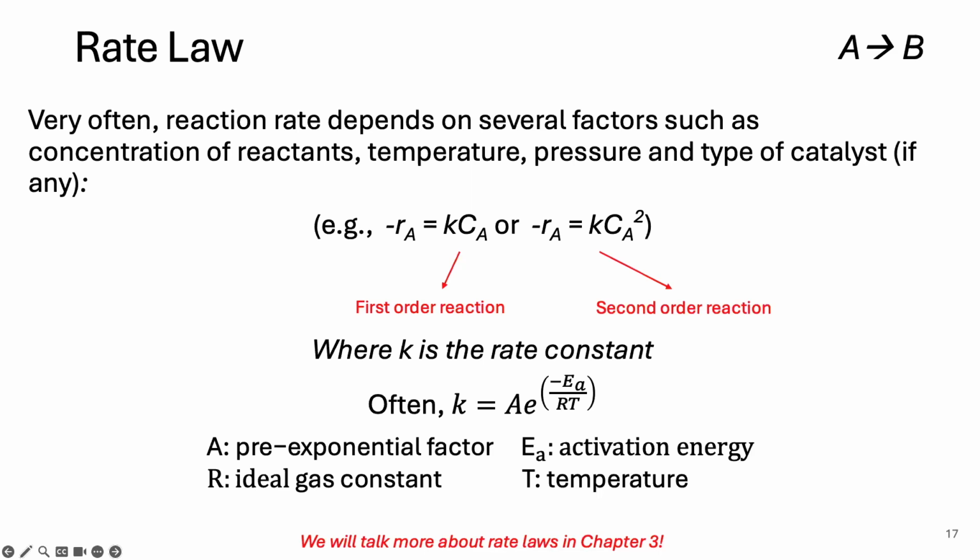In both cases, k is our rate constant, and our rate constant is a function of temperature, as we can write according to our Arrhenius equation. It's going to depend on our pre-exponential factor, the ideal gas constant, most importantly the activation energy, and then the temperature of the reaction.